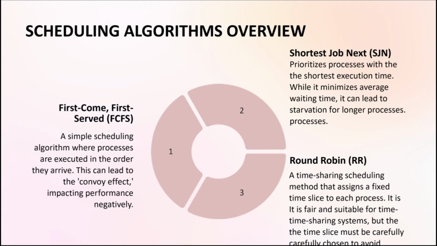While the round robin is a time sharing scheduling method that assigns a fixed time slice to each process. This is fair and suitable for a time sharing system, but the time slice must be carefully chosen to avoid inefficiency.